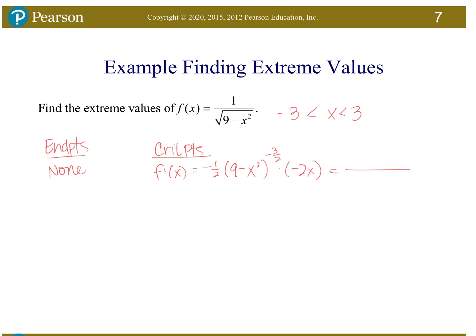So I think if I'm evaluating all that right, my numerator and my denominator are that. So the negatives simplify, the x stays in the numerator, the 2 and the 1/2 reduce.